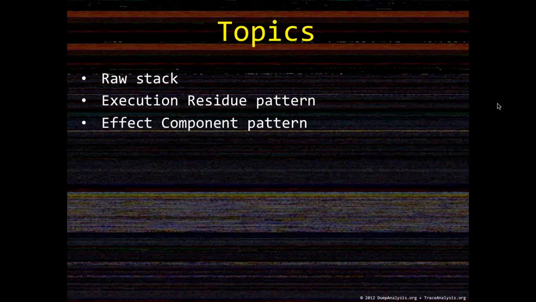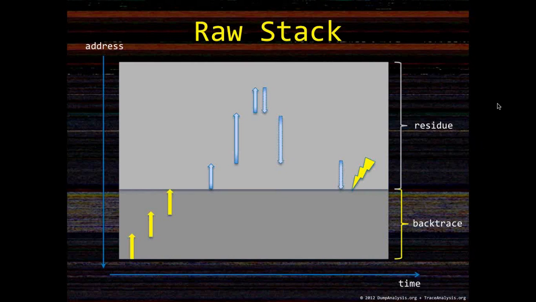So this is a picture that represents a raw stack. Arrows that point to decreasing addresses represent function calls. And then we have return arrows.